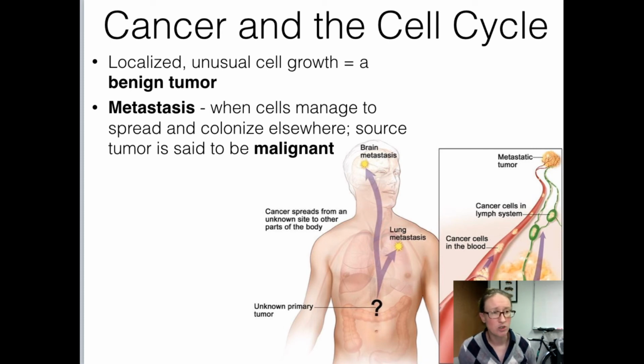But you can usually treat that type of tumor by surgery and just remove it, and the person will be just fine. So that's one class of cancer cells. The other are cells that metastasize, so a metastatic or malignant tumor. And those types of tumors are the result of cells that don't stay clustered together, so cells that wind up traveling to other places in the body and start to colonize those other places.